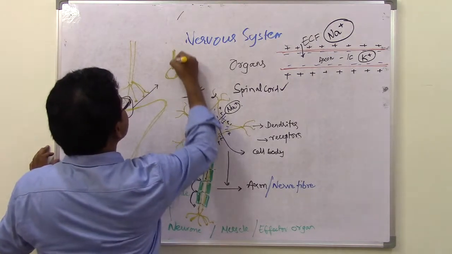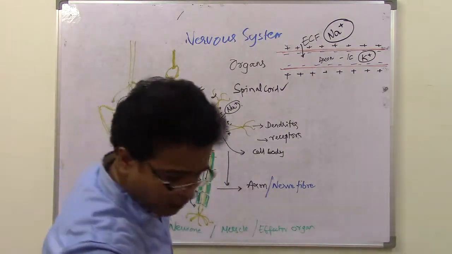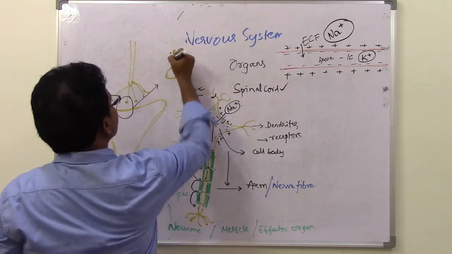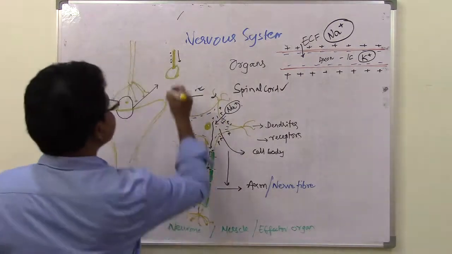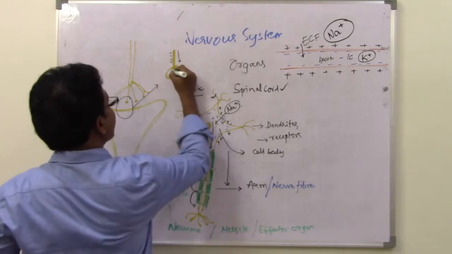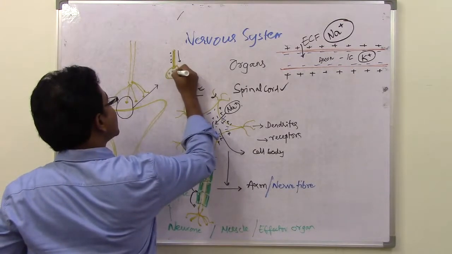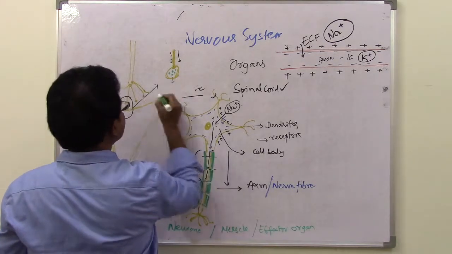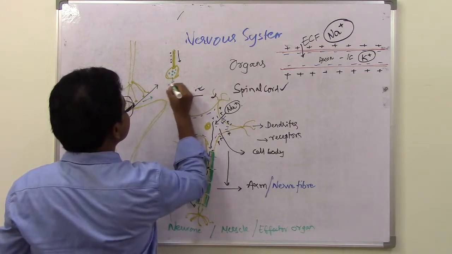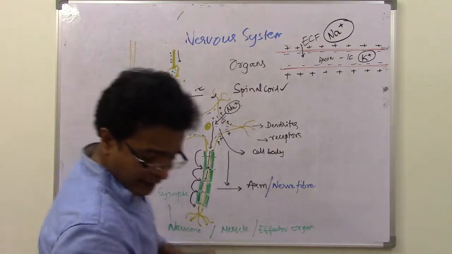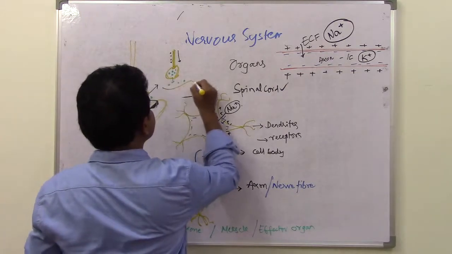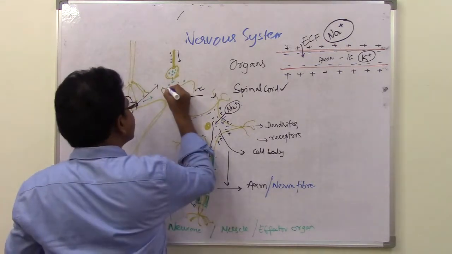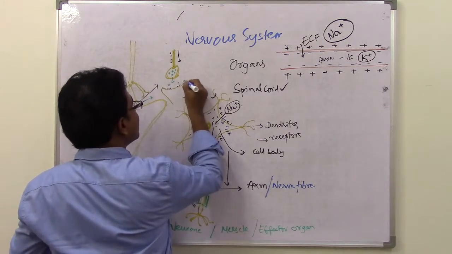After passing of electrical charge in this direction, it has got vesicles inside. They have small neurotransmitter vesicles inside. They are released into this synaptic cleft, and the effector organ has got receptors for these neurotransmitters.